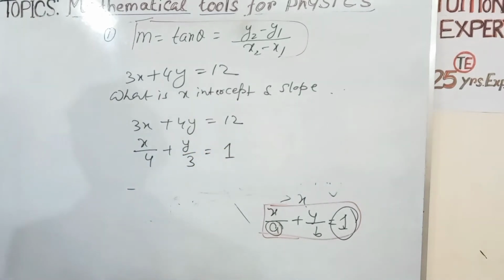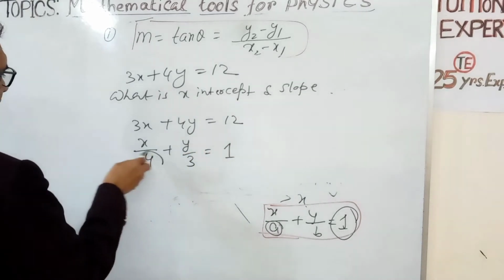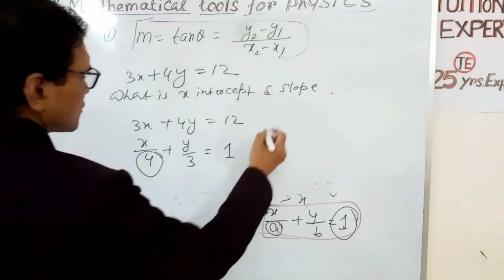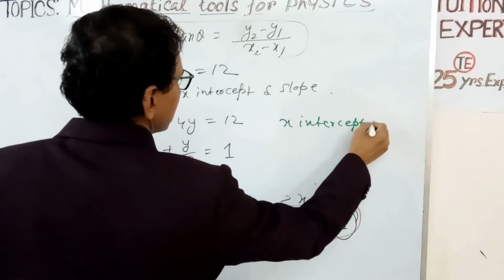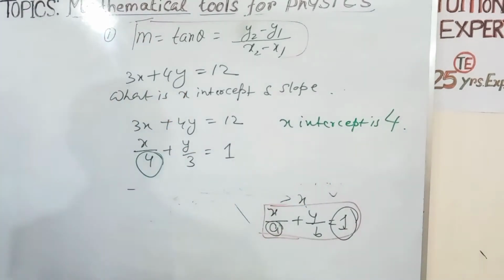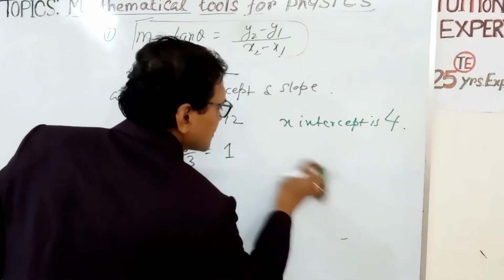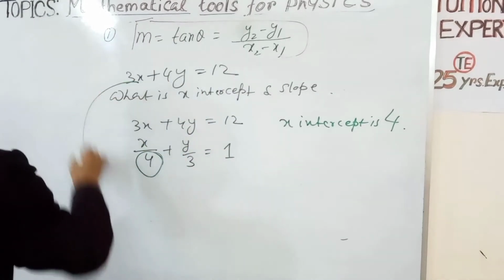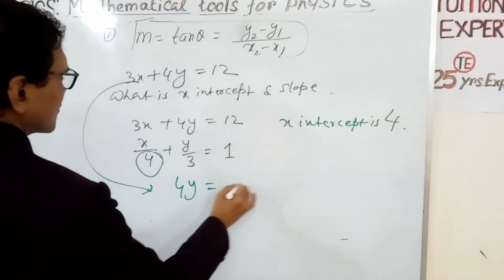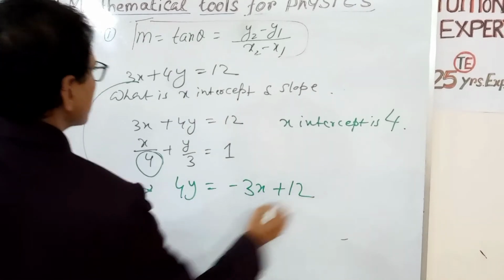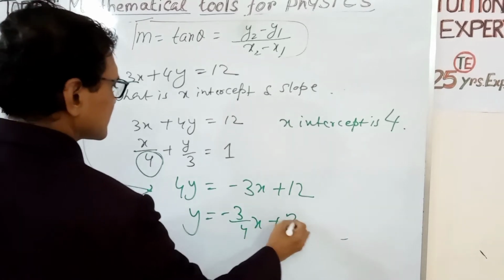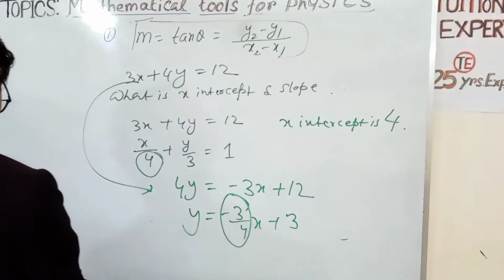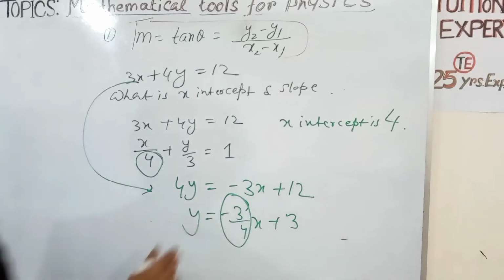So this is the x-intercept, and the x-intercept is 4. And what is the slope of the line? To find the slope we have to express it as y equals mx plus c. So this is the slope.